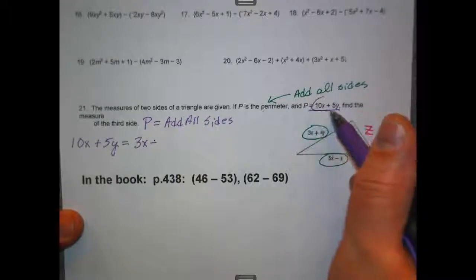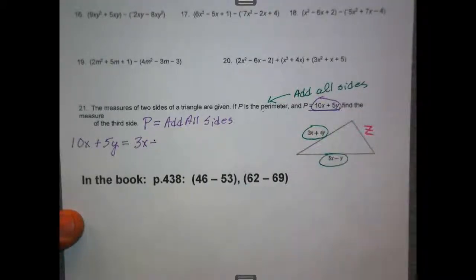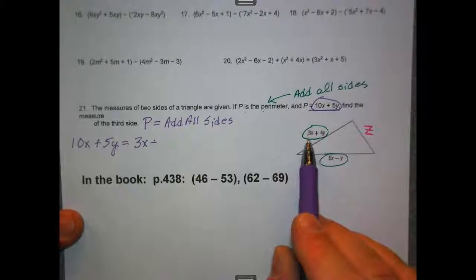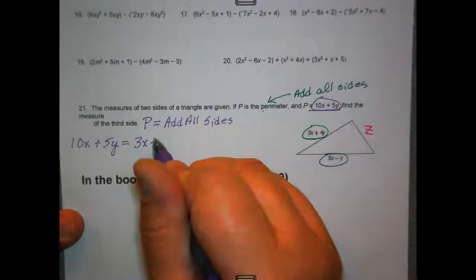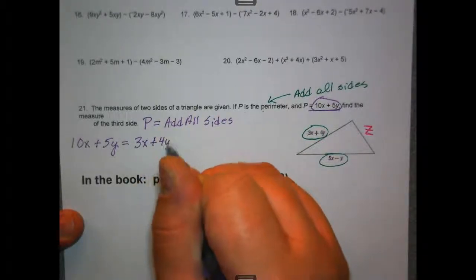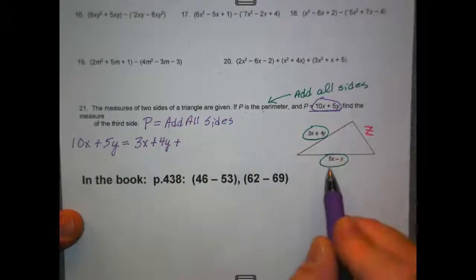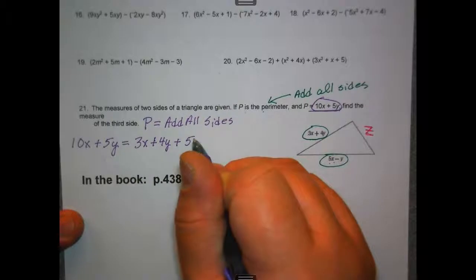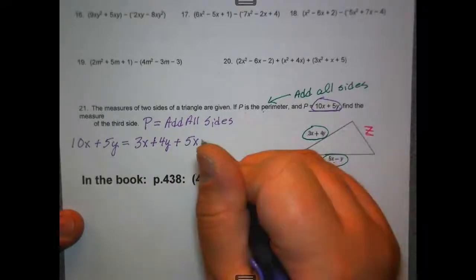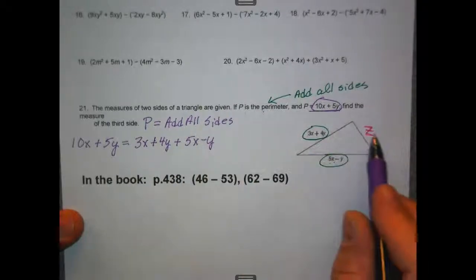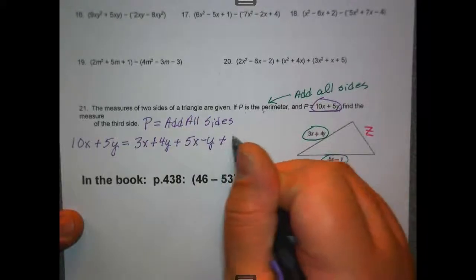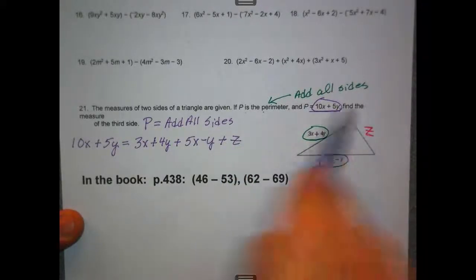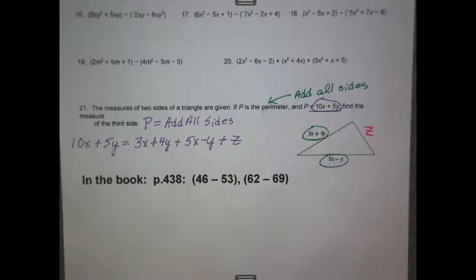Here's my one side, 3x plus 4y, plus 5x minus y, and then plus z. And it says find the measure of the third side. So we have to isolate z, right? We've got to get z by itself.